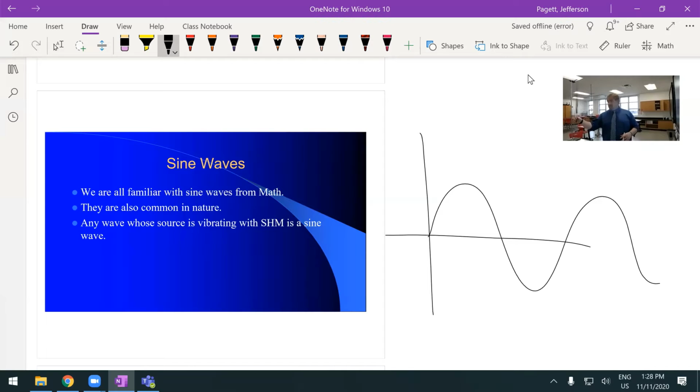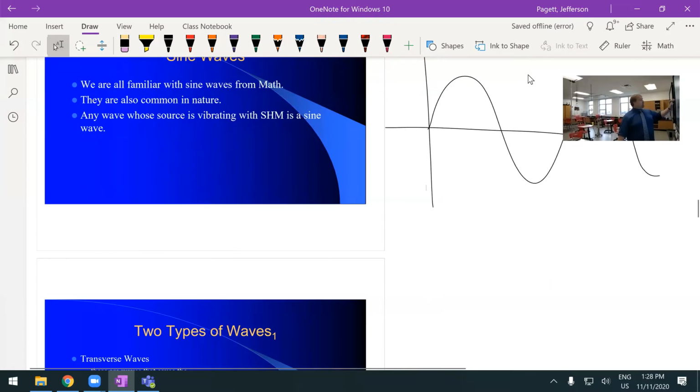If I had a little pool of water and went splash, splash, splash, it would generate this sine wave traveling out from that splash. So sine waves have their source being simple harmonic motion.